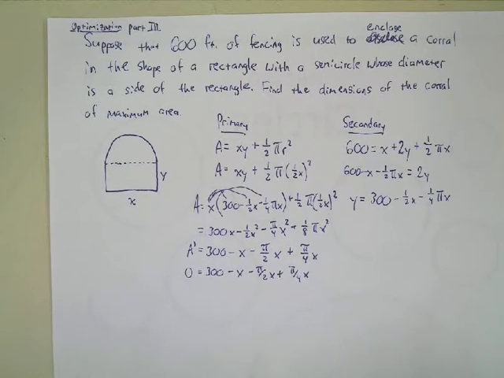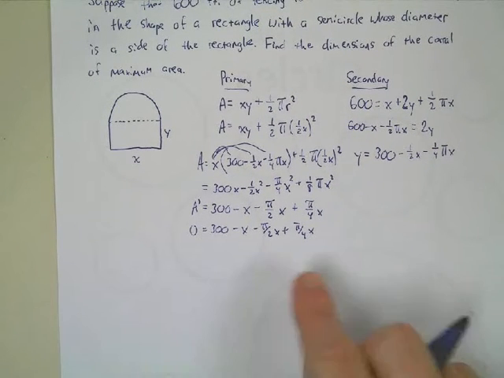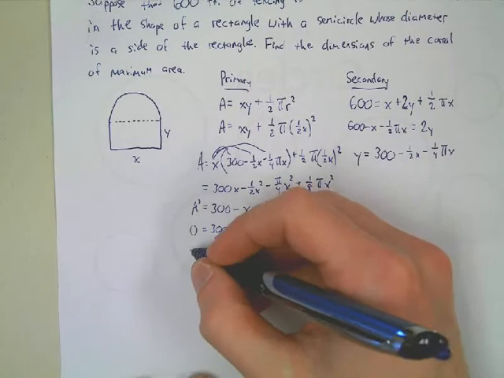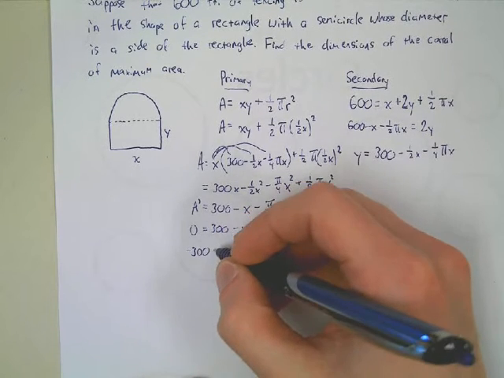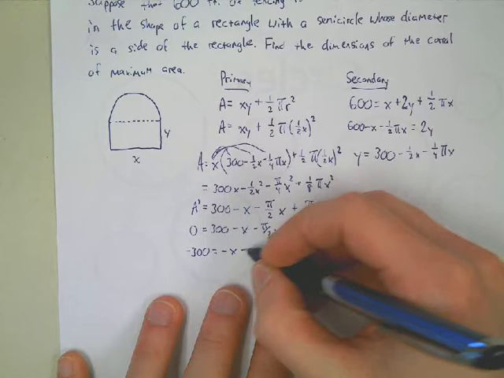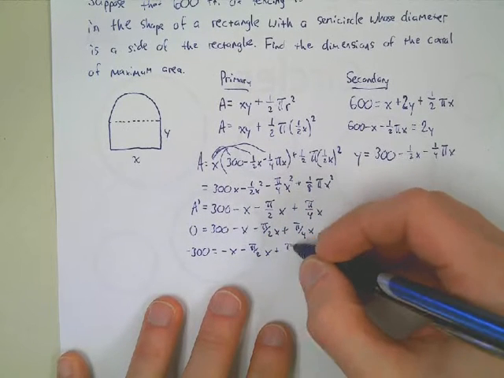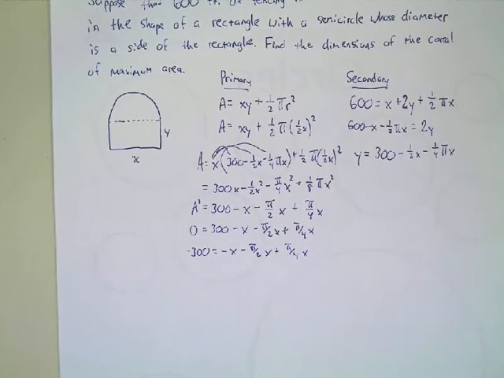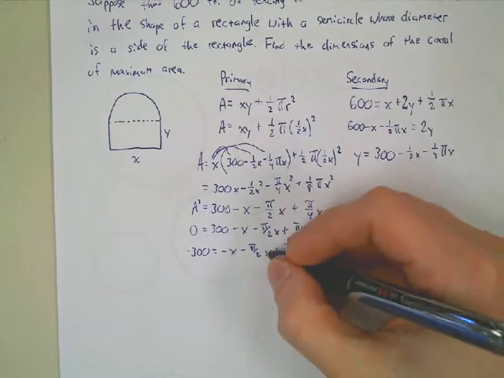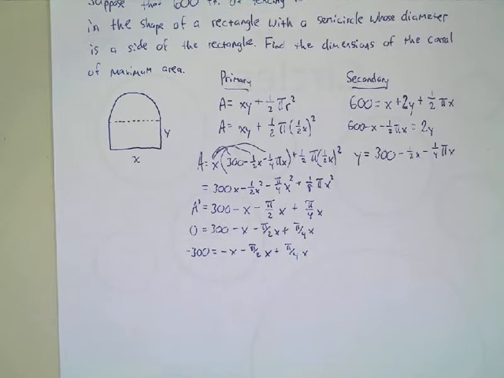So we do have some common terms here. I'm going to subtract over the 300 though, so I'll do that. And that gives us negative x, negative pi. I should have added these over actually now that I'm looking at this. Oh well, combine them. And again, we're trying to solve for x here. So now that I've subtracted that 300 over, what can we do now?